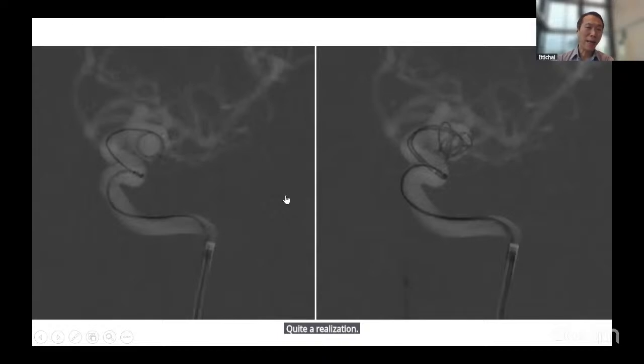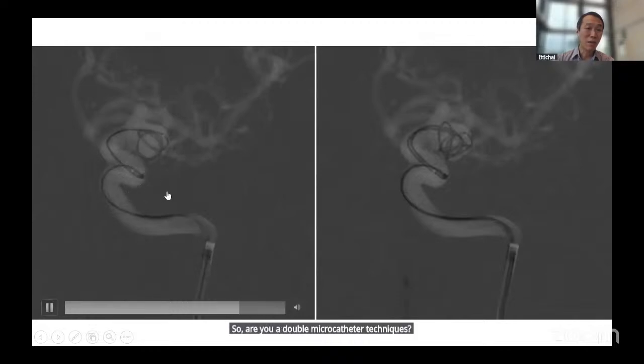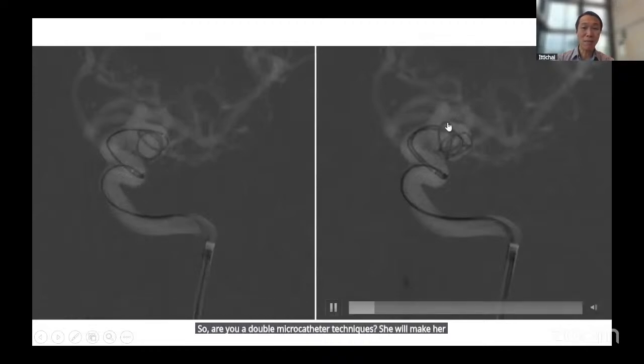In my mind, at that time, I needed to do the simple technique first without any assistant device, because I don't like to give antiplatelet at that time. So I used the double microcatheter technique, two microcatheters together, to put the first coil framing and the second coil against the force to the wall of the aneurysm.